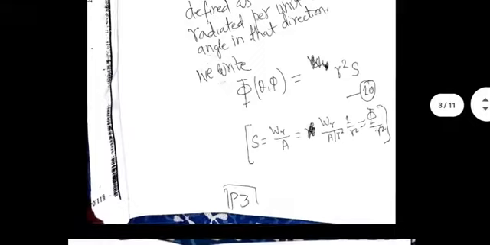Now A upon r squared is the solid angle. So W_R upon A upon r squared is the power radiated per unit solid angle, that is the radiation intensity, and 1 upon r squared remains. So radiation intensity is Poynting vector multiplied by r squared. It's a very useful relation that we will be using.